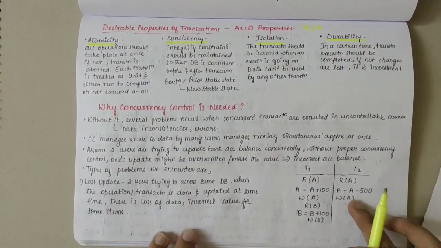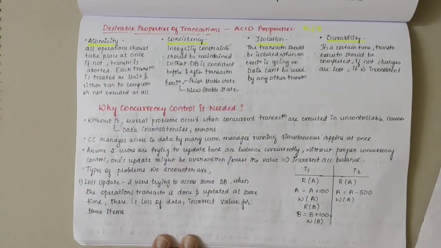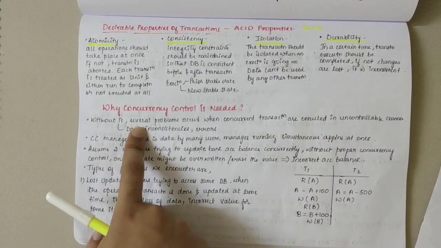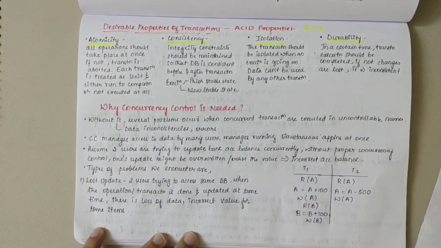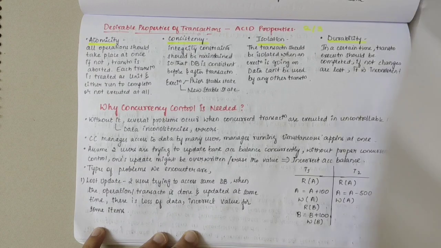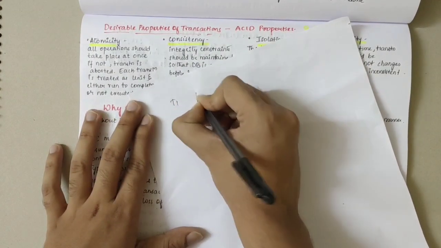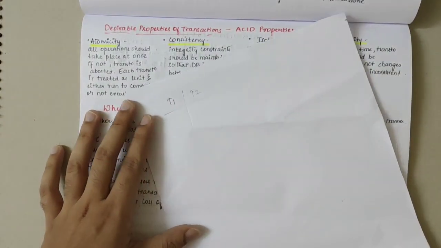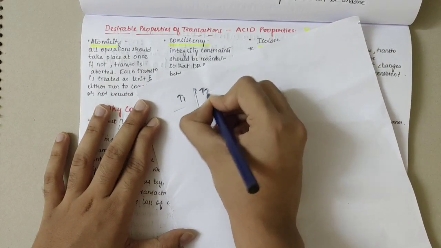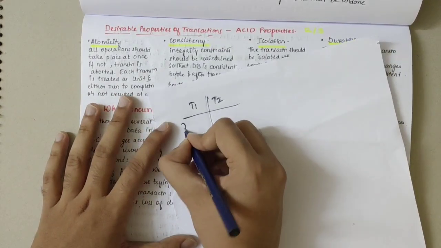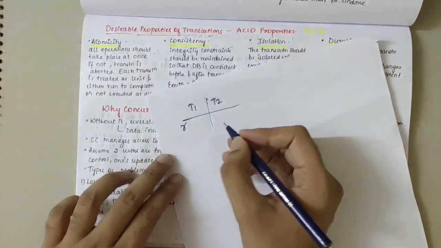Now we'll look into concurrency control. Why is concurrency control important? Several problems occur when concurrent transactions are executed in an uncontrollable manner. Let us take two transactions, T1 and T2, taking place simultaneously. R stands for read and W stands for write.